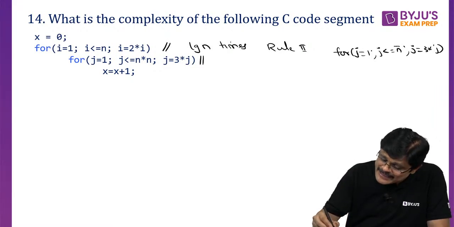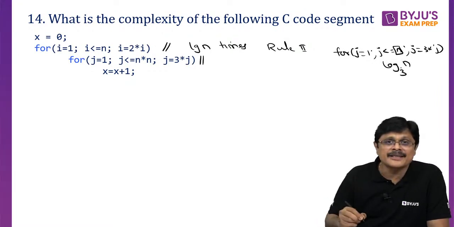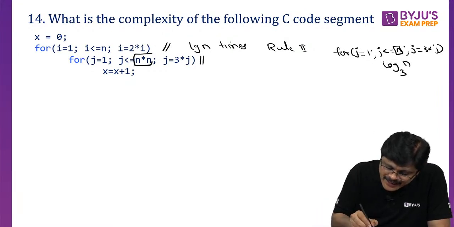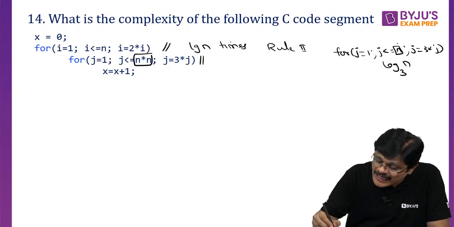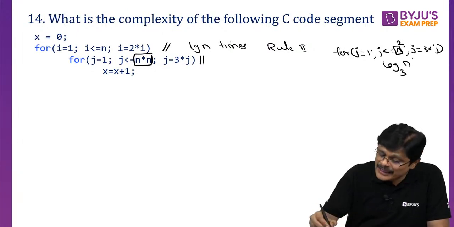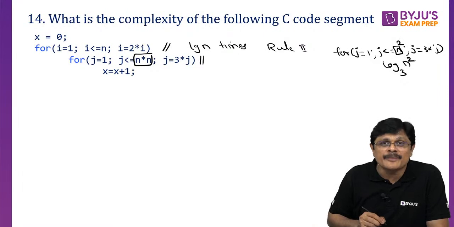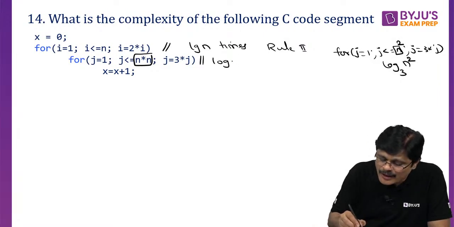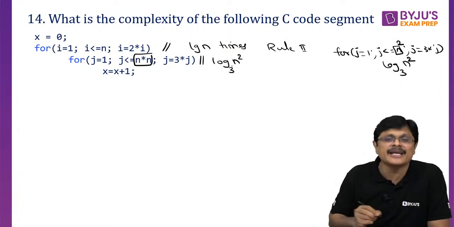For this, if it is n, it will iterate log n to the base 3 times. But instead of n, you have n square. Then you get log n square to the base 3.